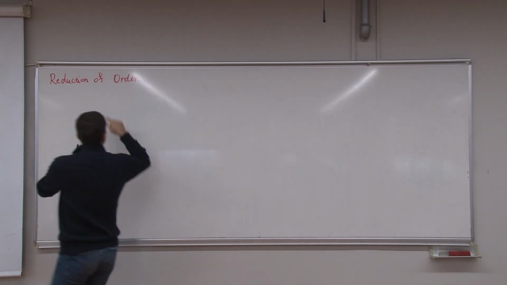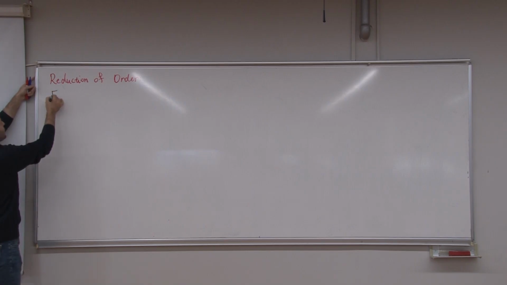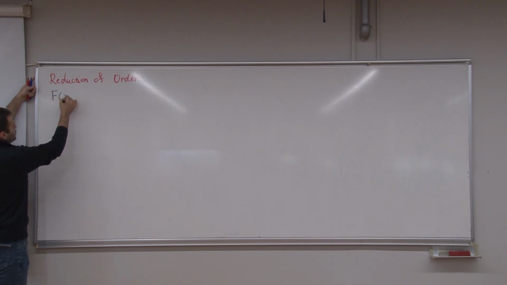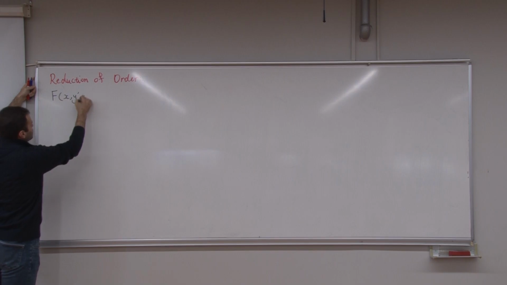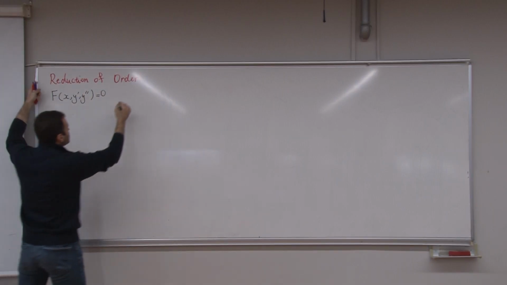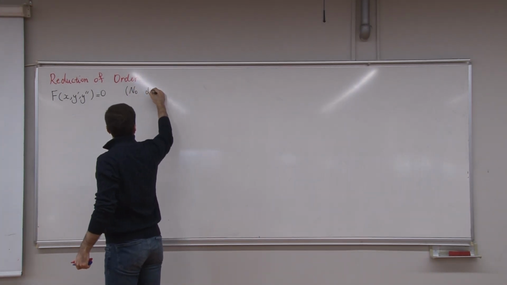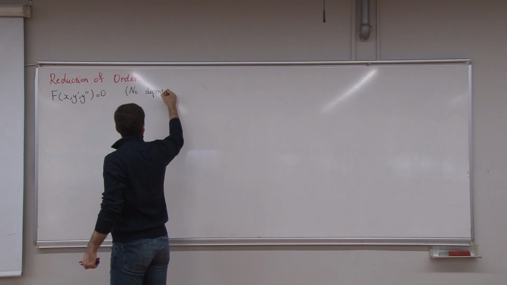When we are doing reduction of order, we need to have two cases in order to be able to do this. First of all, when our equation is looking like this, which means that there is no dependent variable.